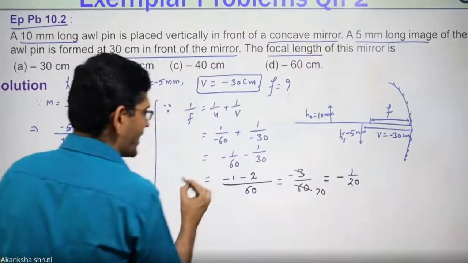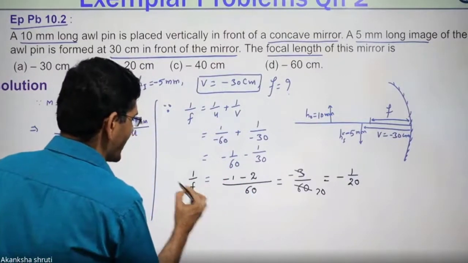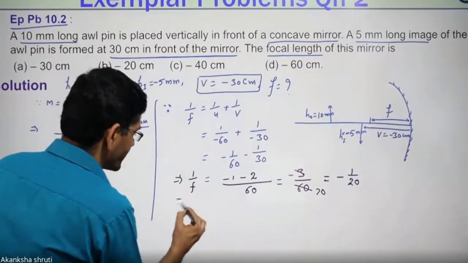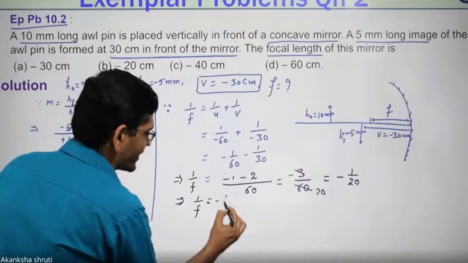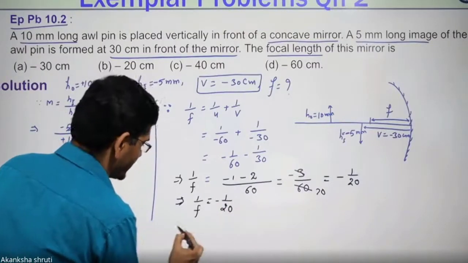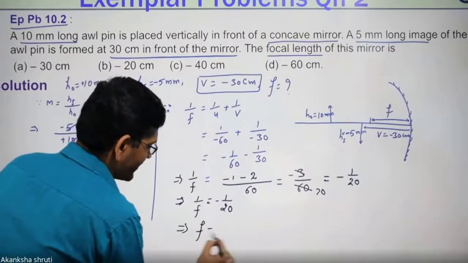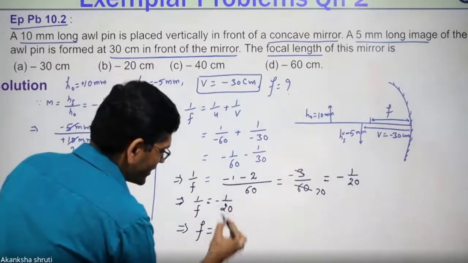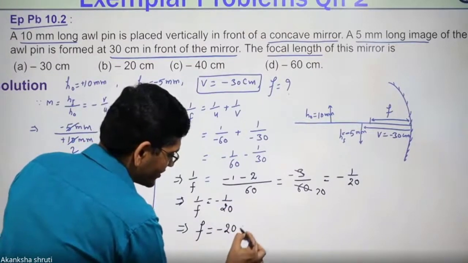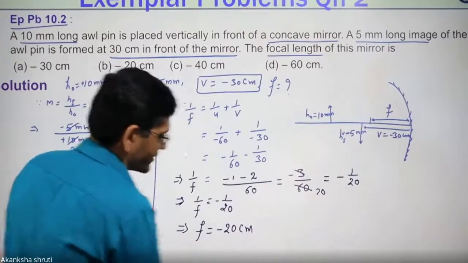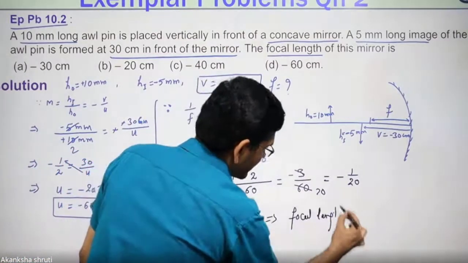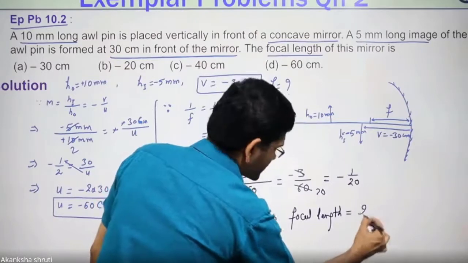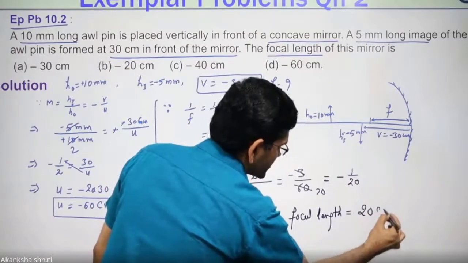Students, keep in mind, this value is 1 by F. So student, be careful, 1 by F is our minus of 1 by 20. So the f will be, you have to take the reciprocal, but sign have to be maintained, minus of 20 centimeter. This implies the focal length is equals to minus 20 centimeter.